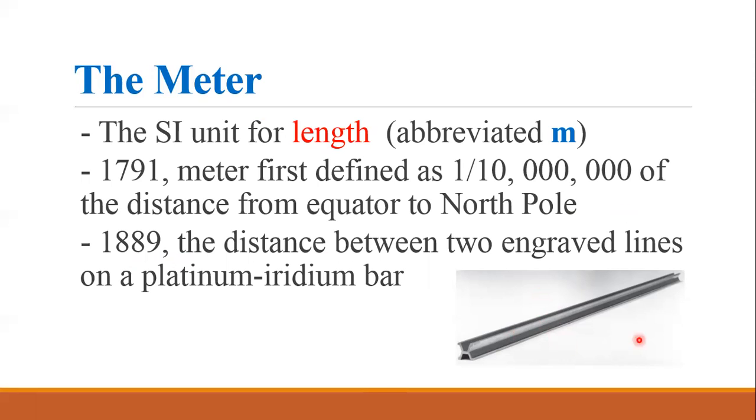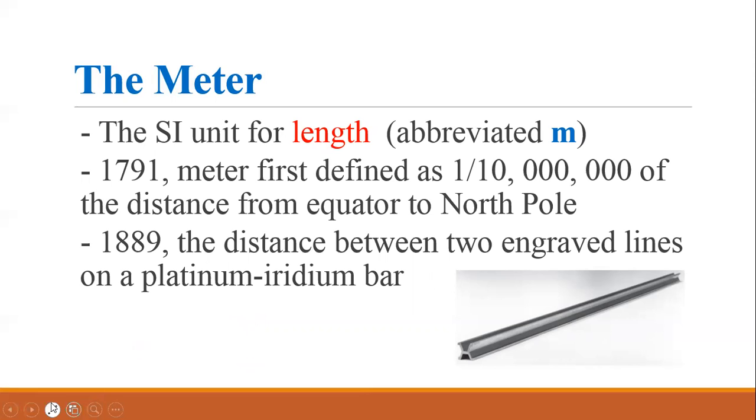So this is the platinum iridium bar. And by 1960, it had become possible to define the meter even more accurately in terms of the wavelength of light. So it was again redefined as 1,650,763 wavelengths of orange light emitted by krypton atoms.